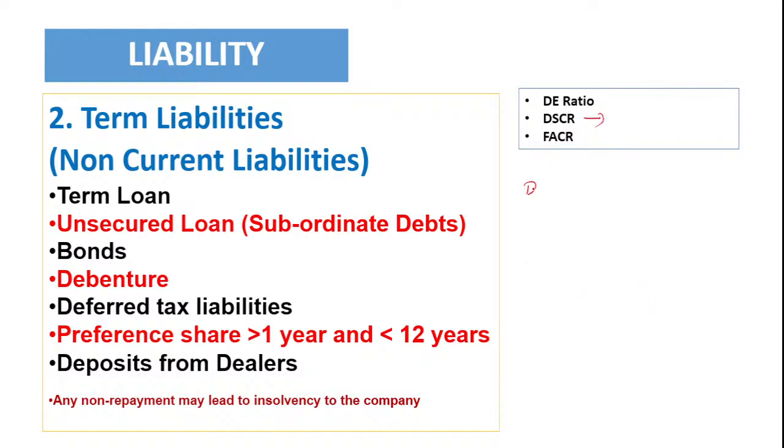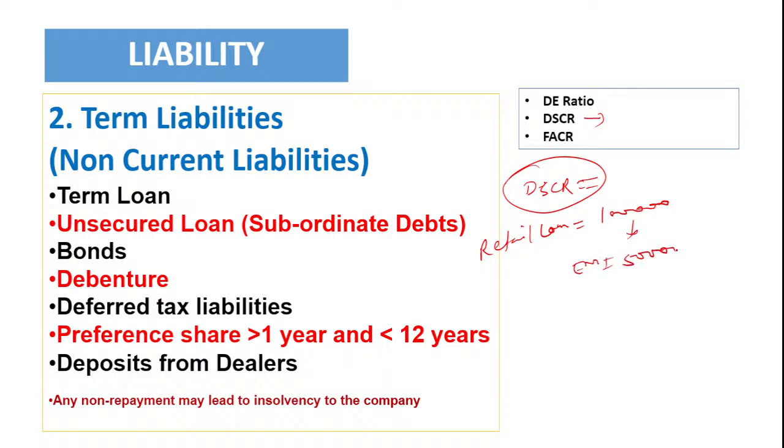DSCR is the debt service coverage ratio. This formula is used to see how the company will pay. In the case of a retail loan, everyone knows that if an individual has 1 lakh rupees of income and out of that has to pay an EMI of suppose 50,000 rupees, then this individual has 2 times the capacity to repay this loan.